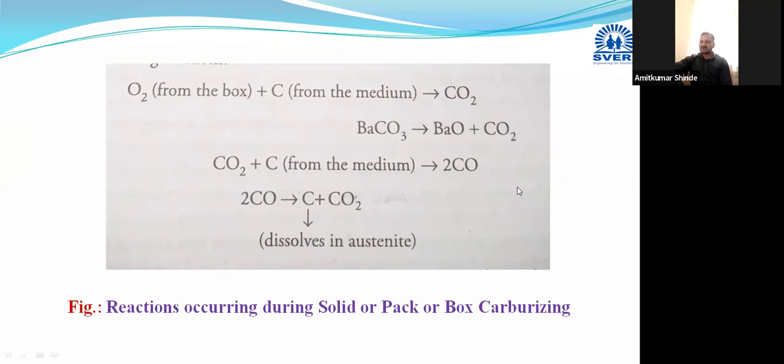This carbon dioxide combines with the carbon from the medium and forms carbon monoxide, and that carbon monoxide decomposes and gives carbon, and this carbon gets dissolved in the austenite. This is how the carbon is dissolved. These are the reactions occurring during solid carburizing.